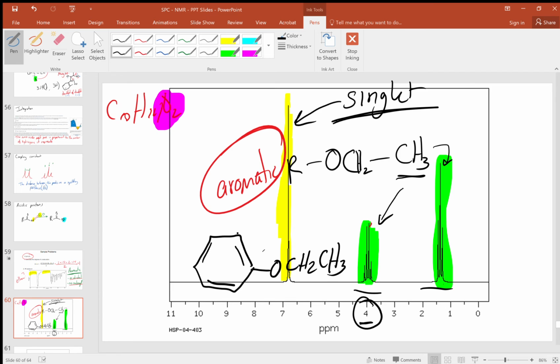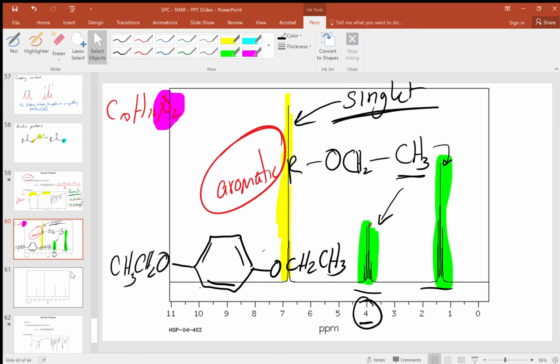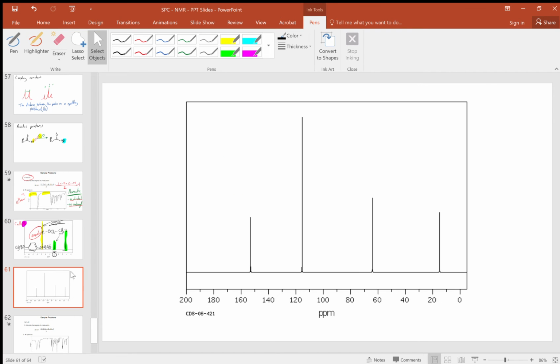The only way to make all of our hydrogens in the aromatic ring equivalent is by making it symmetric. So this would be the structure that I would propose given what we have here. Now, we haven't even looked at the C13 spectrum, but what I'm going to use the C13 spectrum for is to say, does it make sense?